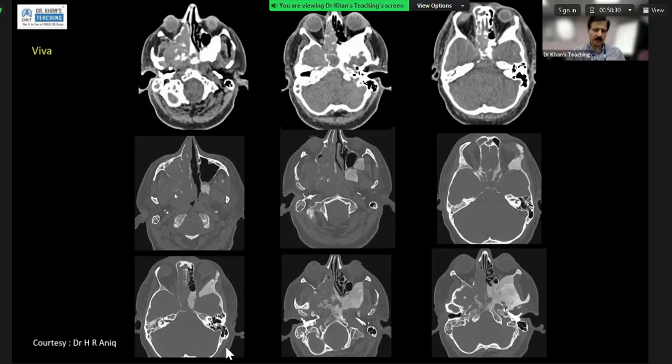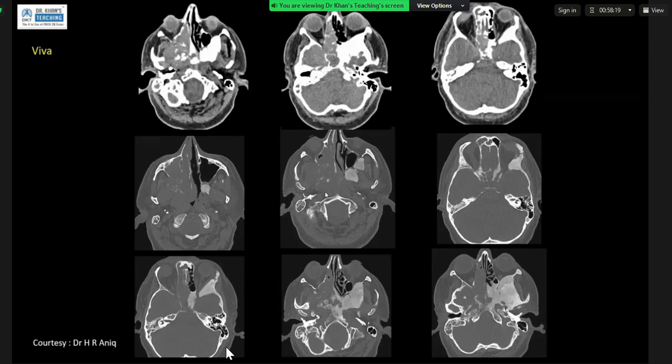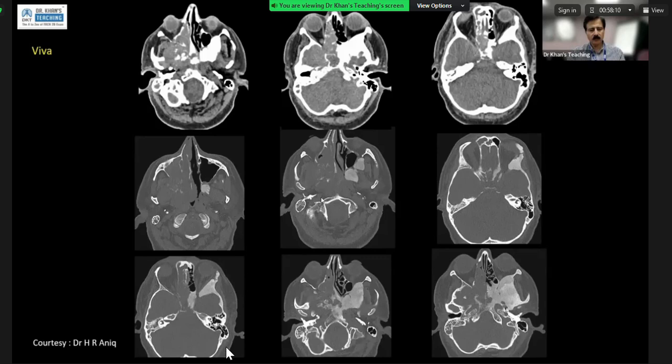So what's happening here? There appears to be lytic destruction of the posterior ethmoid as well as the pterygoids around that area. And what is your conclusion? I'm not sure. I think it looks like a nasopharyngeal cancer here.